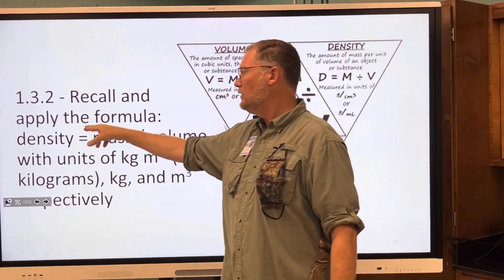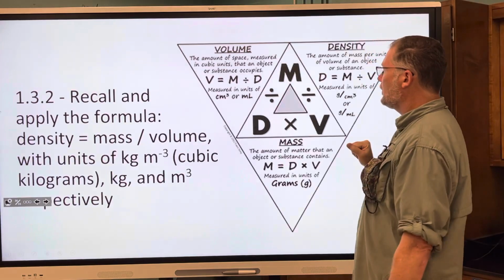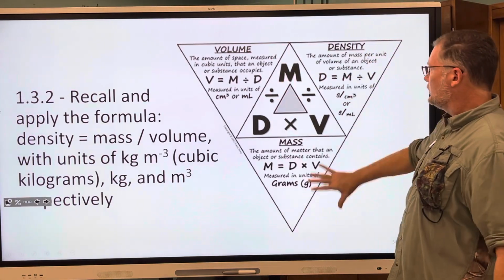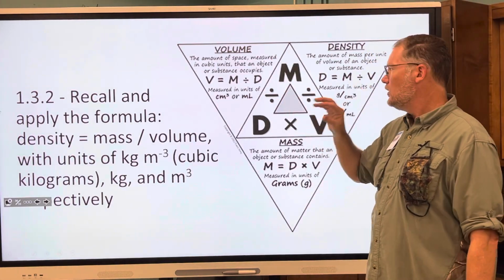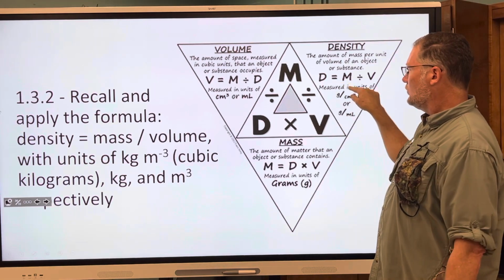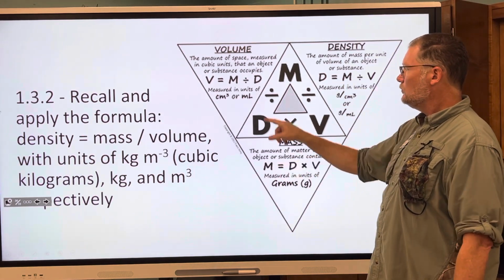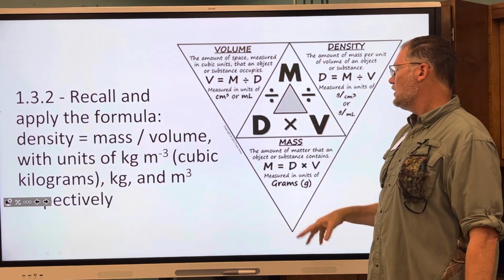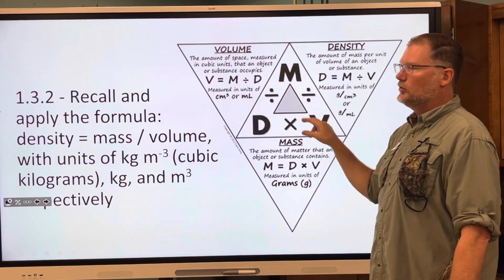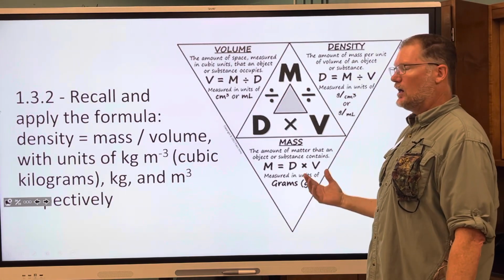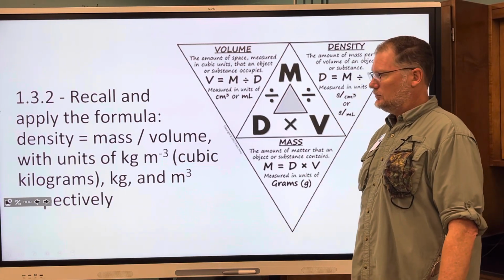I mentioned that last time. So density equals mass divided by volume. And this nice little demonstration, I put this in your notes to show you that no matter which variable you're missing, whether it's the volume or the density or the mass, you just have to move the formula around and solve for the missing piece, okay?